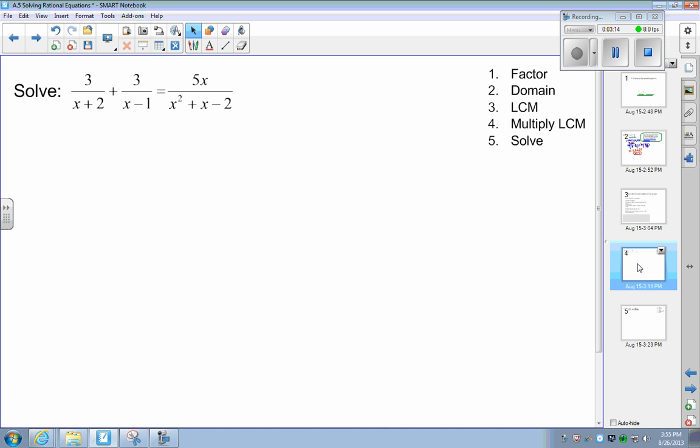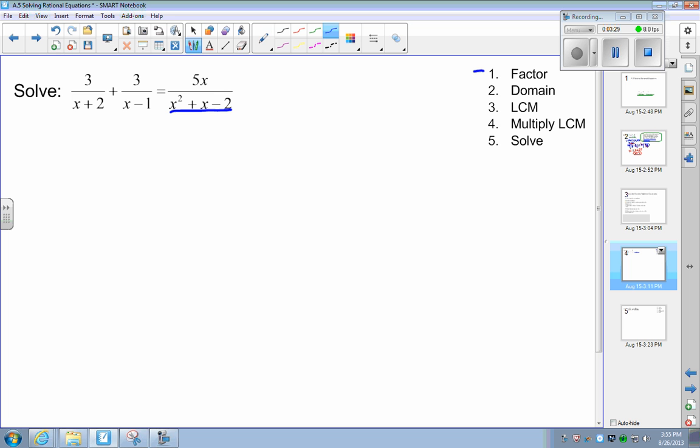Okay, so let's go ahead and solve this one. First step, factor. Got to make sure we factor everything completely. And it looks like the only thing in this problem that we need to factor is this x squared plus x minus 2.